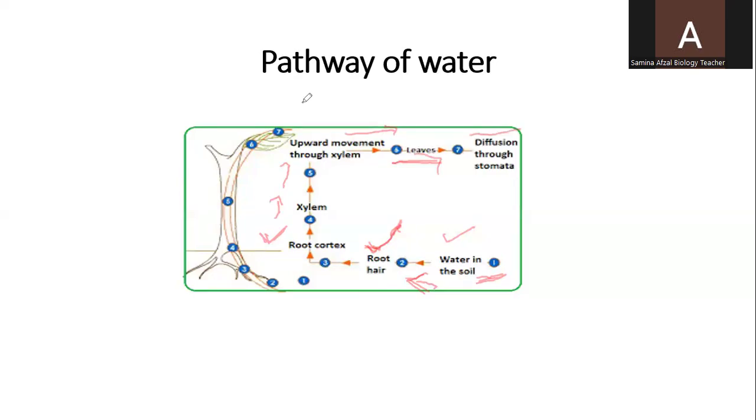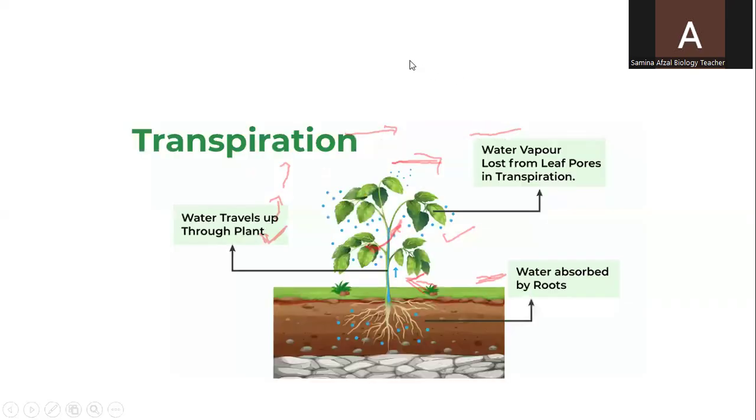Now I would like to move towards the next slide. In the previous slide, I had told you that extra water moves out of the leaf through stomata by the process of diffusion, and the process by which water is evaporated through aerial parts of the plants is called transpiration, or simply loss of water from the aerial parts of the plant.